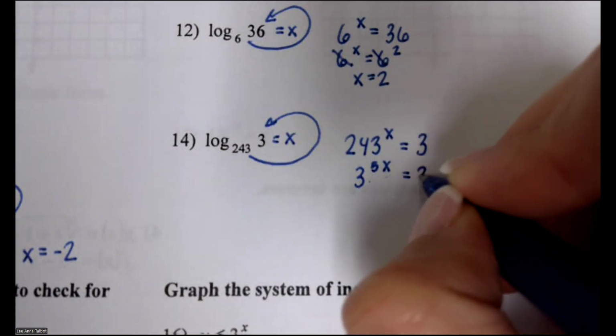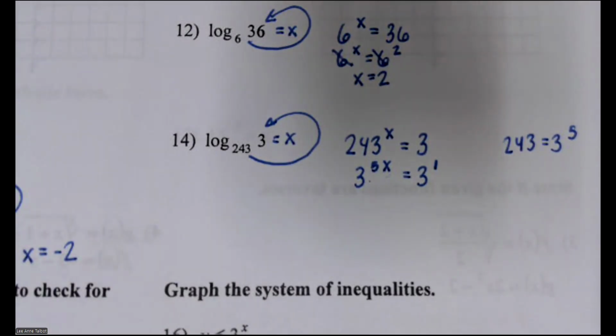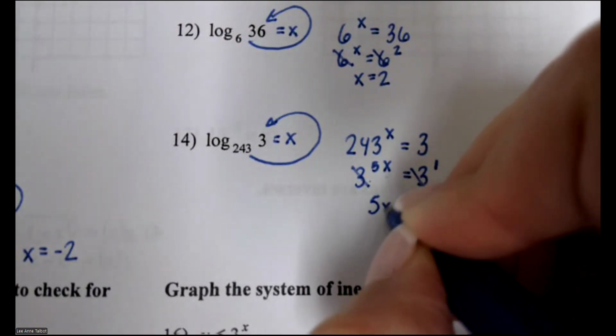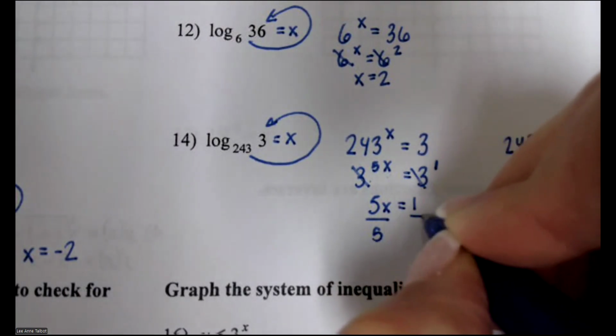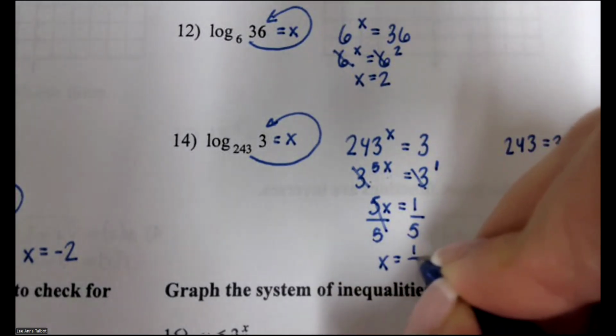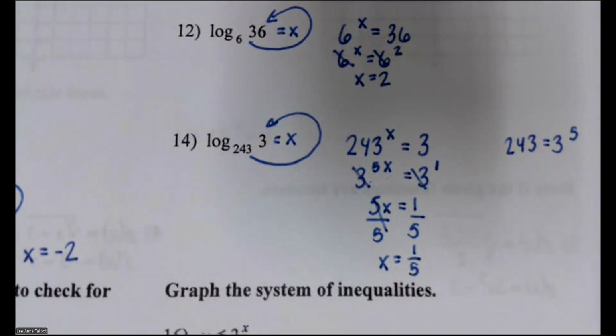And then you have to remember that 3 to the 1 power is 3. Because the directions are going to say rewrite into exponential form and solve. They're not going to say plug it into your calculator and do log base 243 equals 3. Now, can you use that to check your answer? Absolutely.